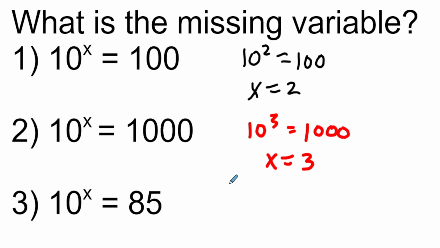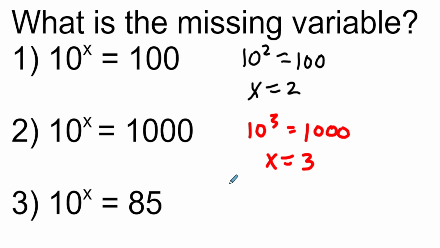But if I take a look at the third problem, now I'm saying 10 was raised to some power, and I got 85. You're like, I don't know how to do that one. How do I get 10 to turn into 85? This is where logarithms come in. In this third problem, we're trying to solve for an exponent. We want to know what value of x in that exponent spot makes an 85 come out.